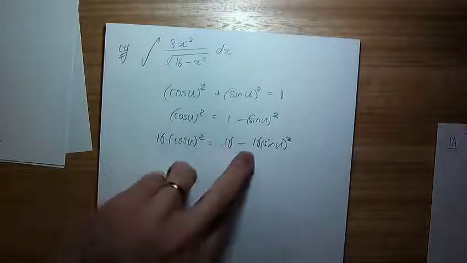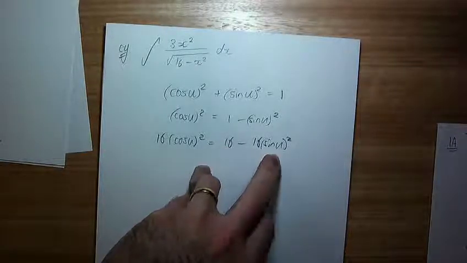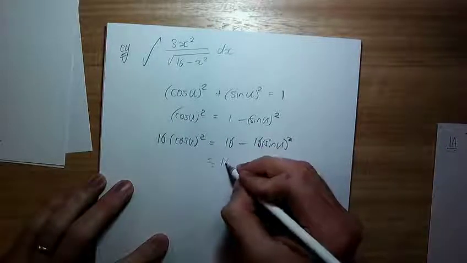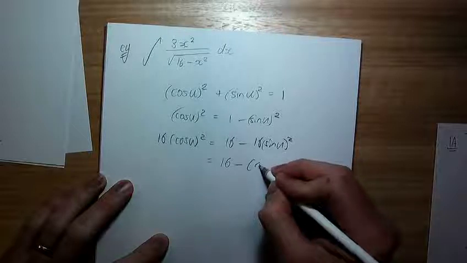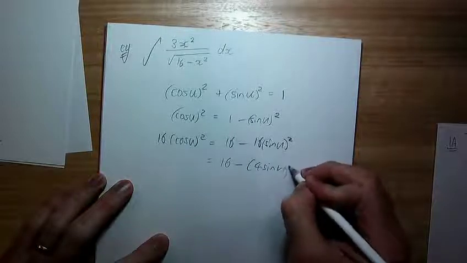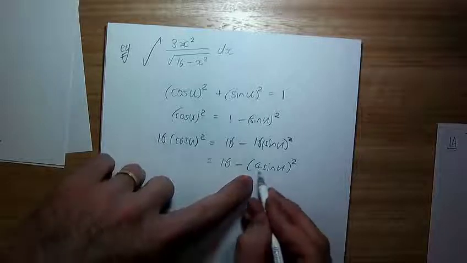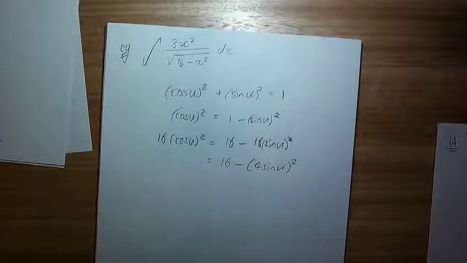I've got 16 minus... this is supposed to be just a single thing squared, so I'm just going to bring that 16 inside the squared. It's looking good. And so, cool. Look, if this thing in here was x, it'd match exactly. So that's what I'm going to do.